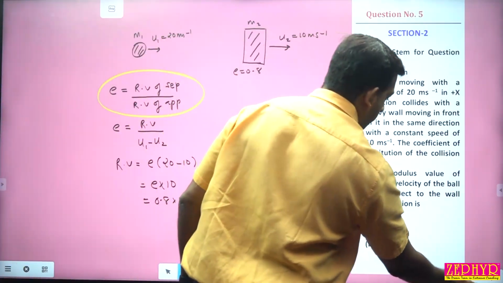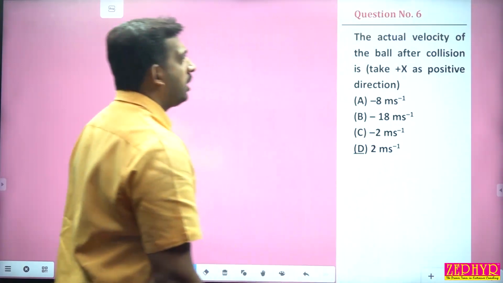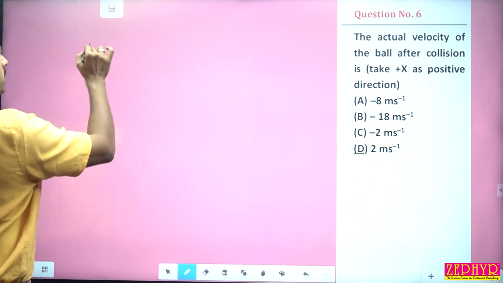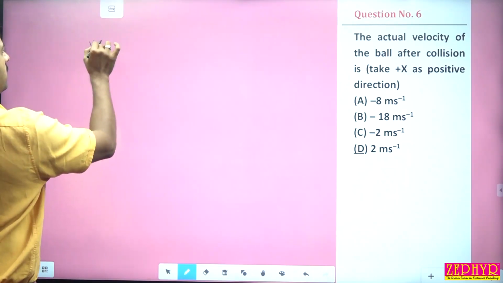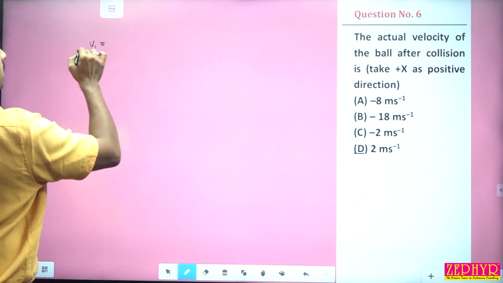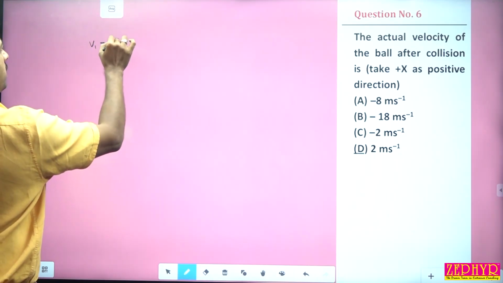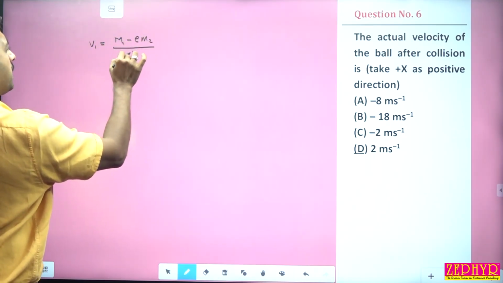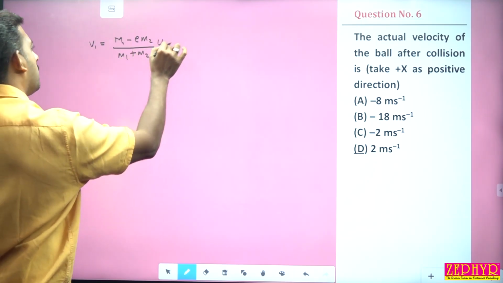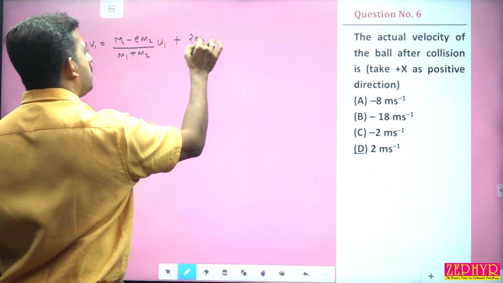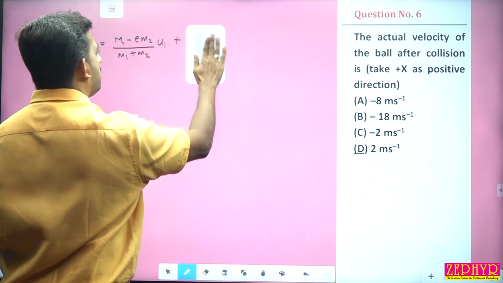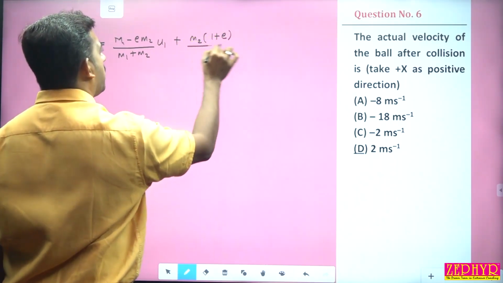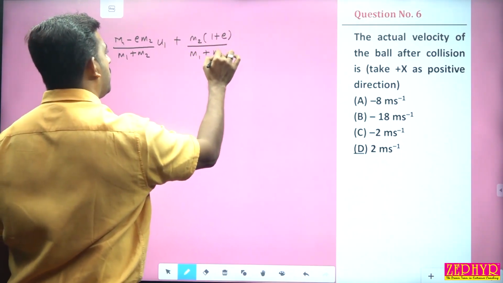Now the next stem for this. The actual velocity of the ball after collision is, since it's an inelastic collision, the velocity of the first body after collision: v1 is (m1 minus e m2) divided by (m1 plus m2) into u1, plus m2 into (1 plus e) divided by (m1 plus m2) into u2.